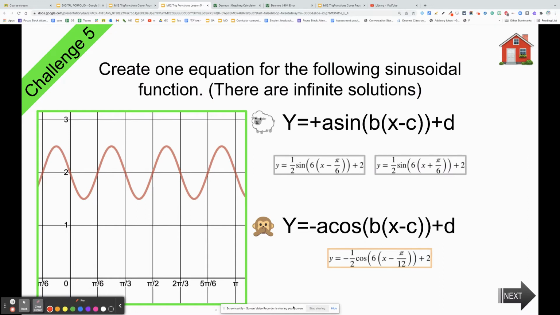Let's see if I can do this with a pen. I'm going to go, so pi over 3 has to equal 2 pi over b. So then what I'm going to do is rearrange all that and isolate for b.